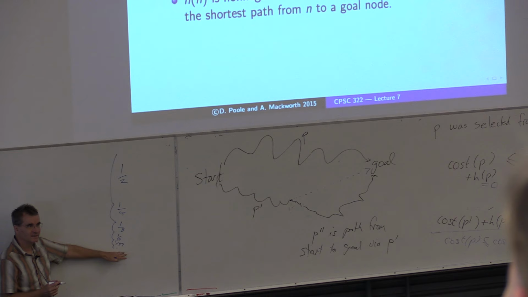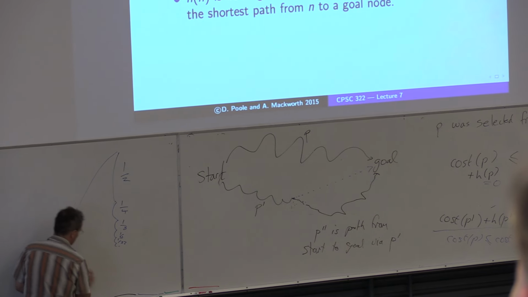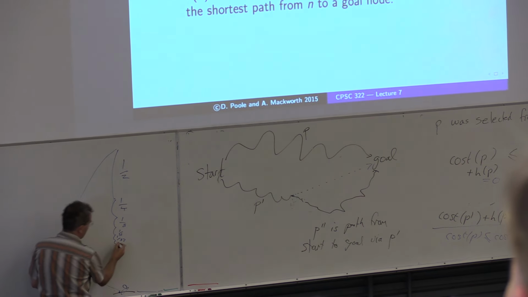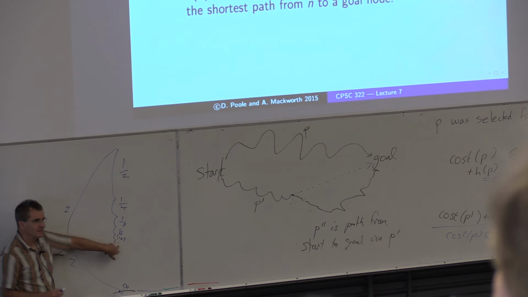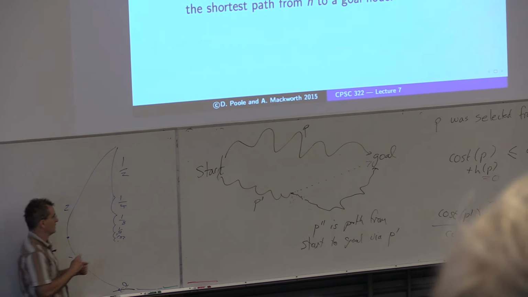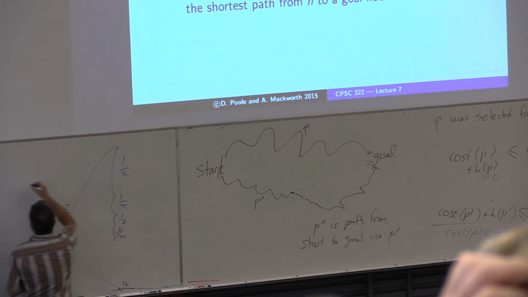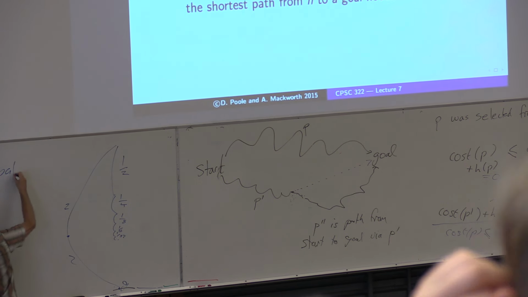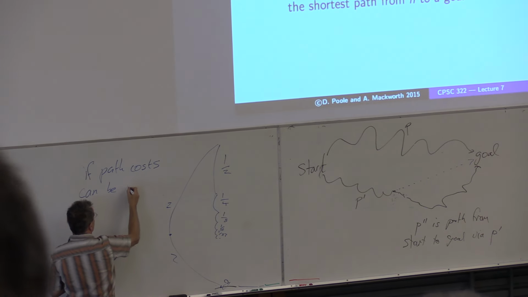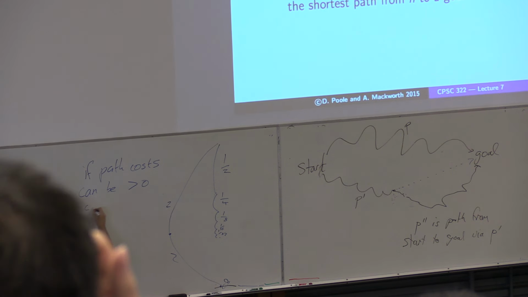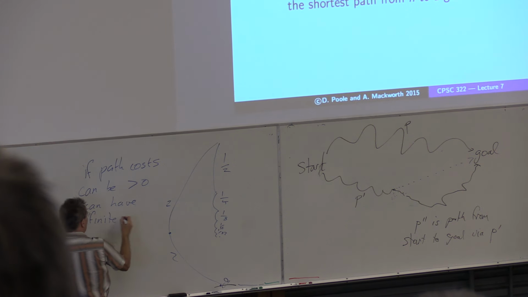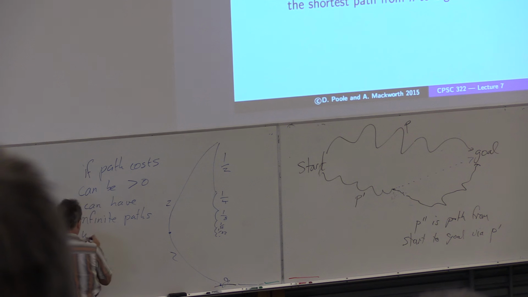Yeah, this approaches 1. And if there's a goal, there's a path here of 2 here and 2 here to a goal, and that doesn't approach the goal. Then this path here can be an infinite path with a finite cost. So if the path costs can be anything just greater than 0, you can have infinite paths with finite costs.